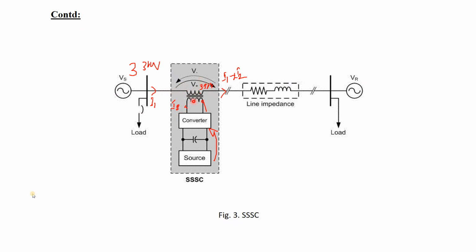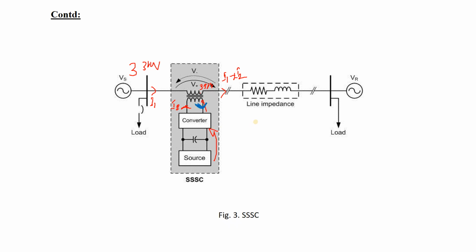Since it is connected in series, it is generating power, that means the power flow is along this direction, the arrow. But if required, it can also absorb the power. Then the arrow will be downwards. That means the reverse power.